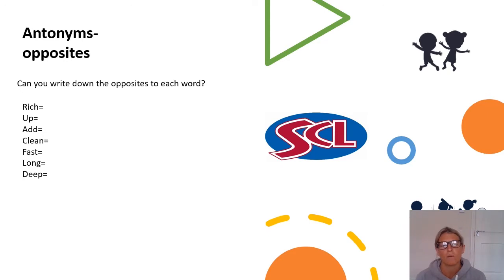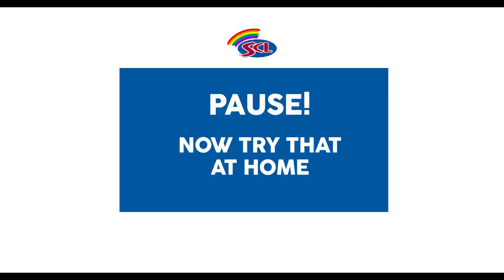So first one, we have rich, then up, add, clean, fast, long, and deep. Some of these may be a little bit more challenging for those of you that want to challenge yourself, but some of these you will all be able to do. I'm going to give you 2 minutes and I want you to have a quick go and see if you can write down as many words and the opposite words that go with them. Off you go. Good luck.